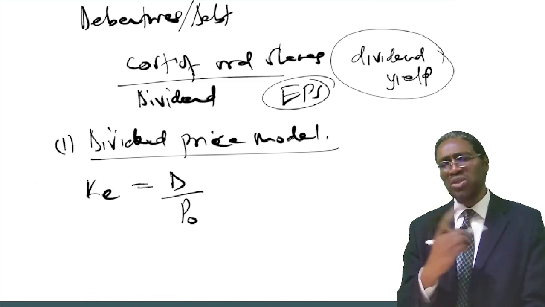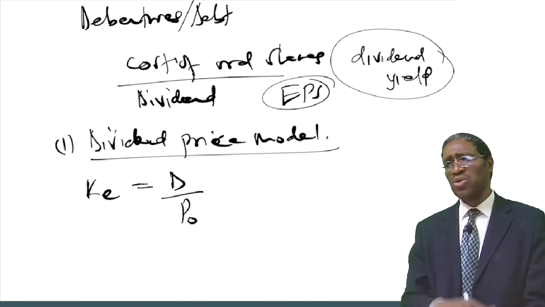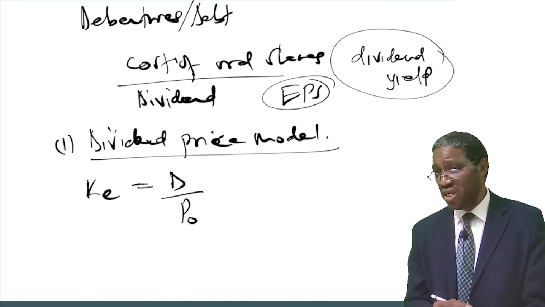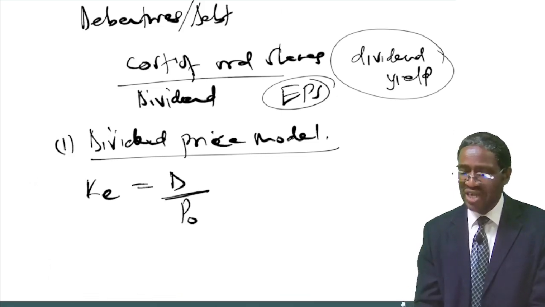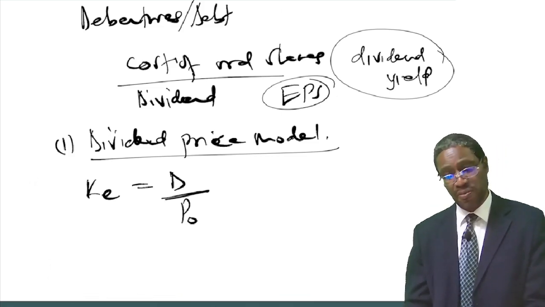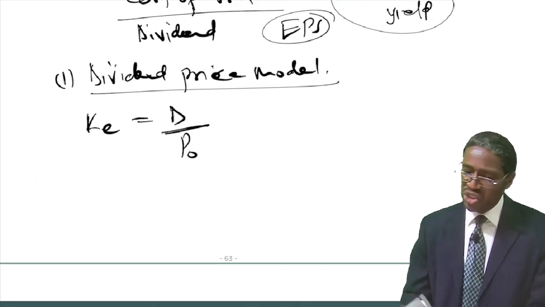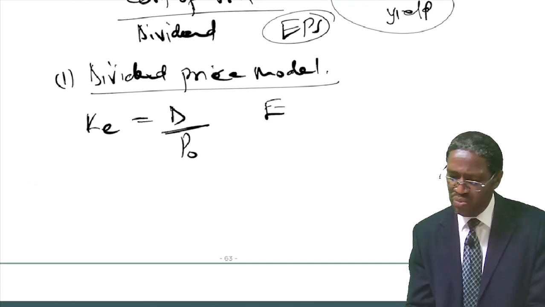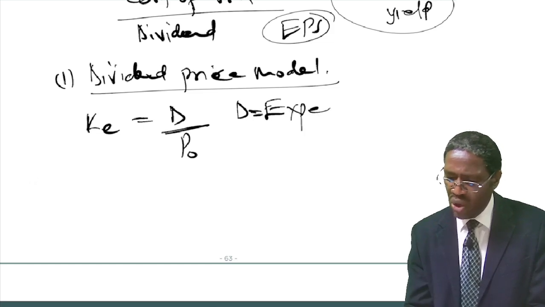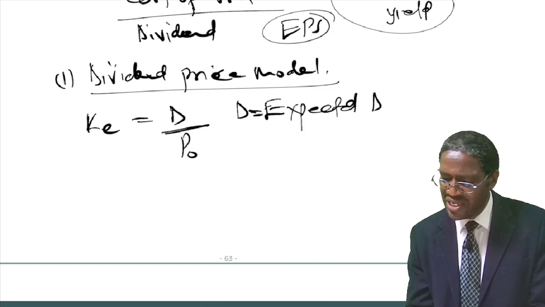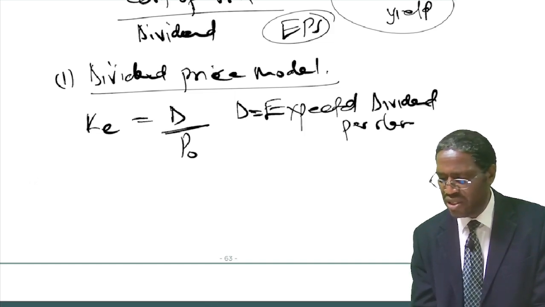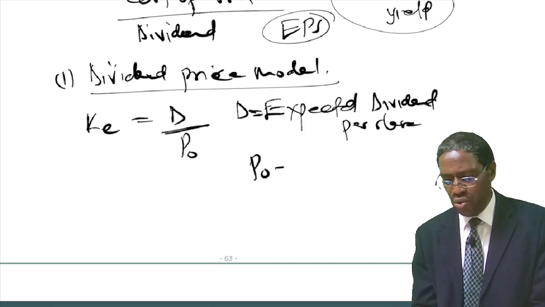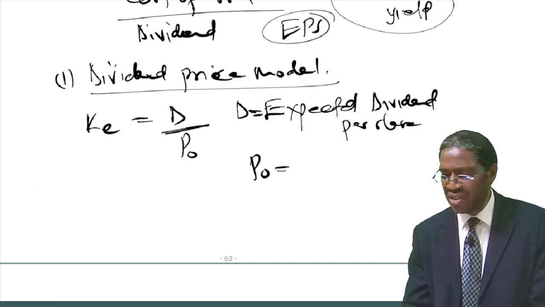So to compute the cost of ordinary shares using the dividend price model, we take the dividend per share and divide it by the market price per share. This D is the expected dividend per share, while P0 is the current market price.